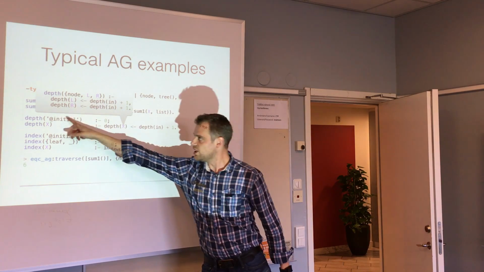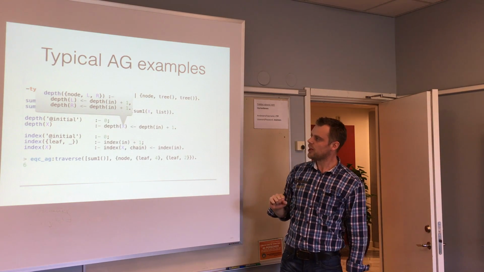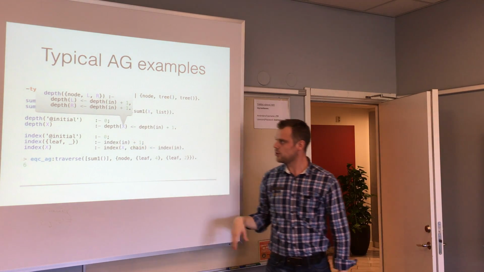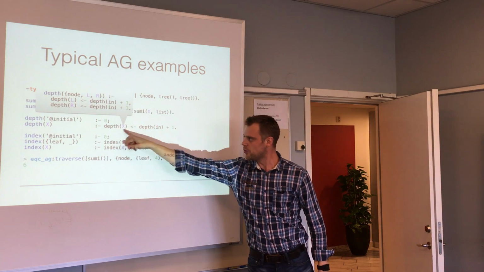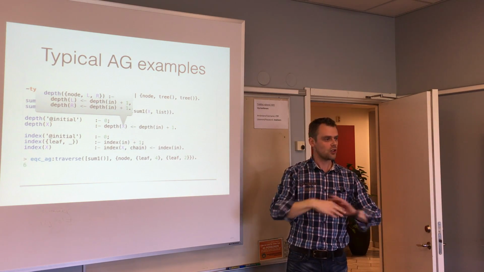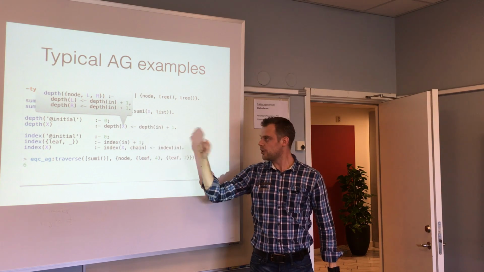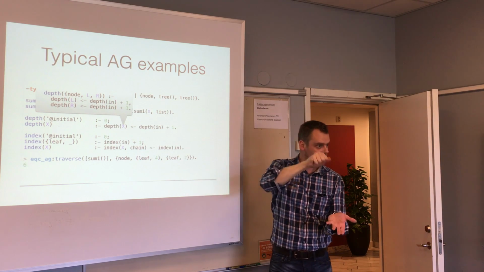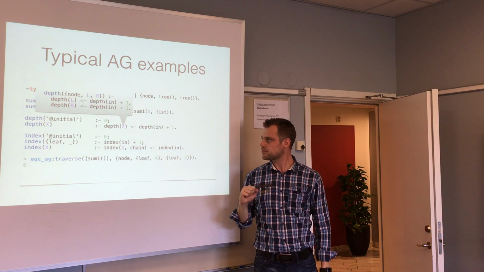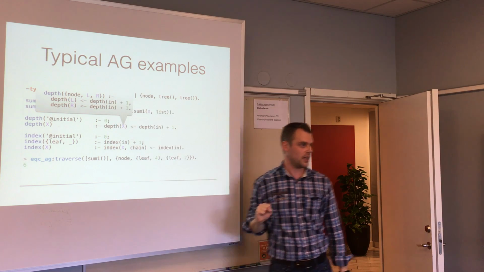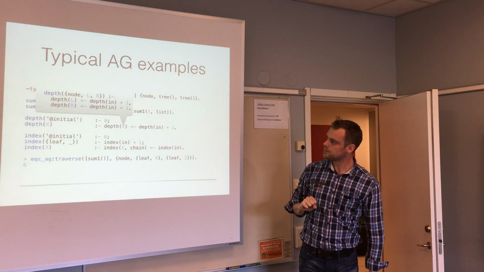So we use the initial keyword for that. So initially it's 0, and then we have a general rule again. Let's say for every substructure, write to the children the depth of this node added with 1, and this gets expanded again in a similar manner.